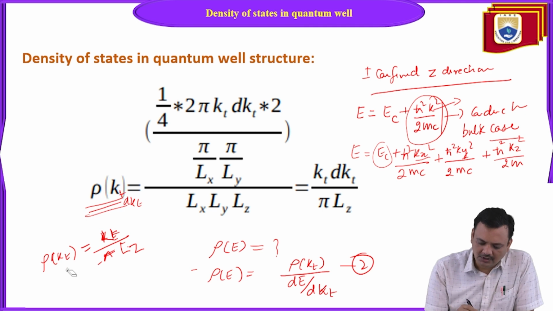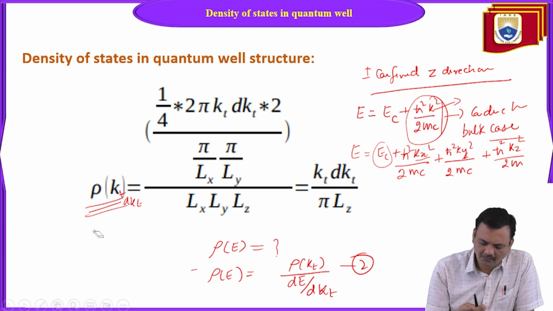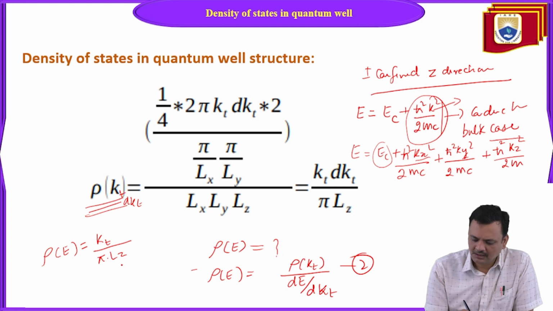So rho E is equal to, now I am putting the value of rho kt, meaning kt upon pi multiplied by Lz, whole divided by dE by dkt.